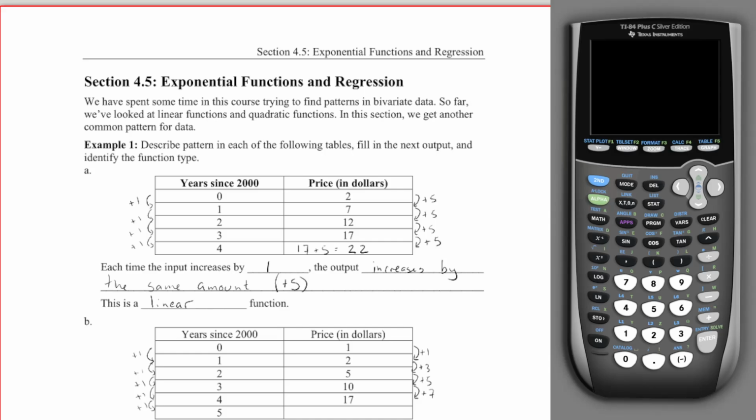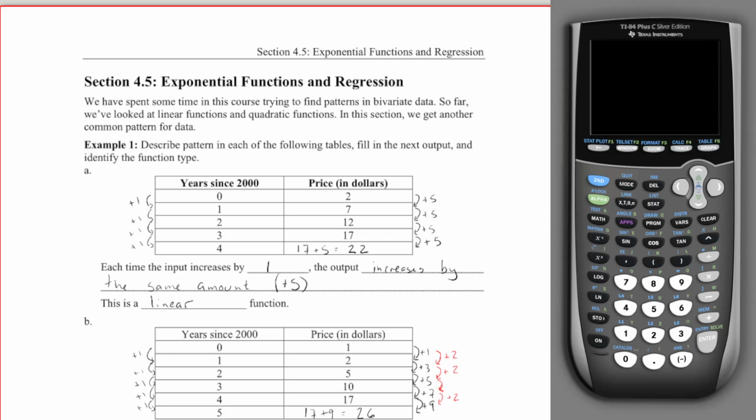So here the output is not increasing by a constant amount, but this change in the output increases by a constant amount. So if we want to fill in this next row, we'll need to add 9. We'll have 17 plus 9 is 26 in this last row.